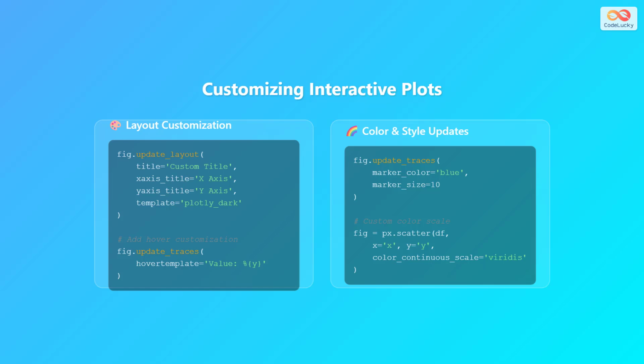For styling, you can customize colors by setting marker_color to specific values or use color scales like Viridis for continuous data mapping. You can also adjust marker sizes, line styles, and transparency levels. These customization options ensure that your visualizations not only provide interactivity, but also maintain professional appearance and deliver the exact user experience you want to create.